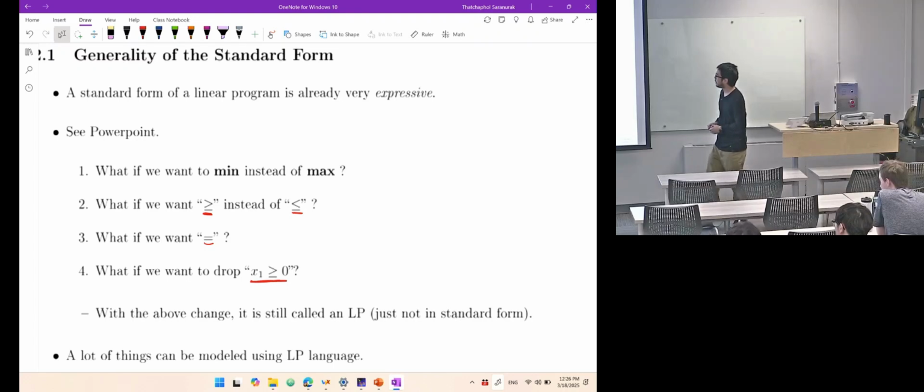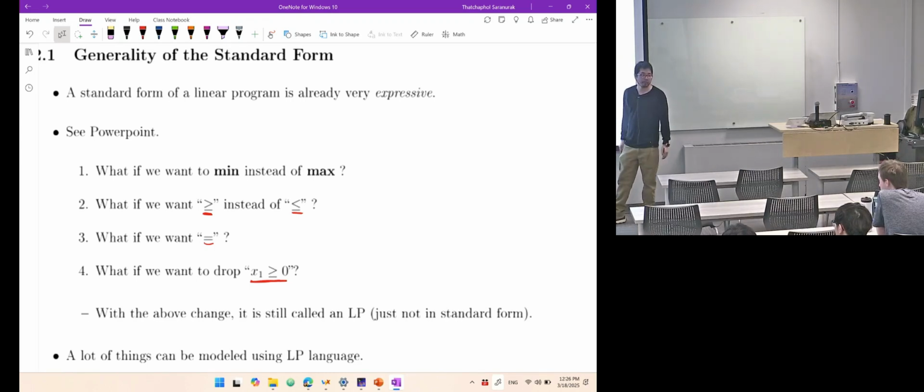Like with all the above changes, it's still called an LP, and you can make it in the standard form, even if it's not in the standard form. Okay.